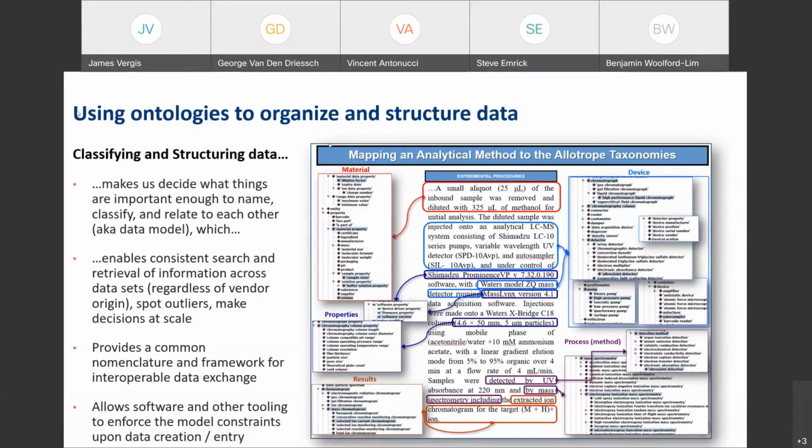And the more that we can do that, the more that we can agree, regardless of vendor implementation, how those things are called, the higher quality and the more interoperable our data are, and the easier it is to look back at what happened during an experiment, regardless of the platform or the software type or the vendor that you were using. So this enables consistent search and retrieval of information across data sets, lets us make decisions at scale, spot outliers. It provides a common nomenclature and framework for interoperable data exchange, and it allows software and other tooling to enforce the model constraints upon data entry and creation.